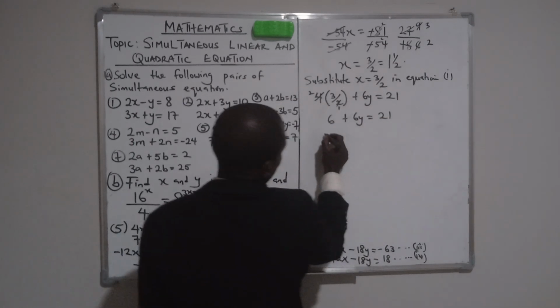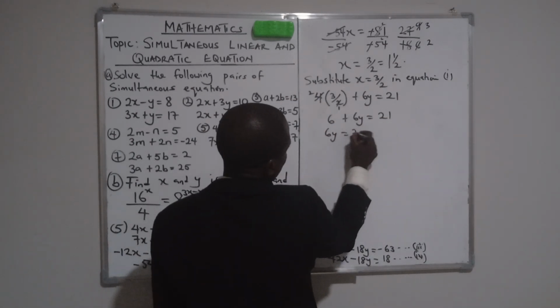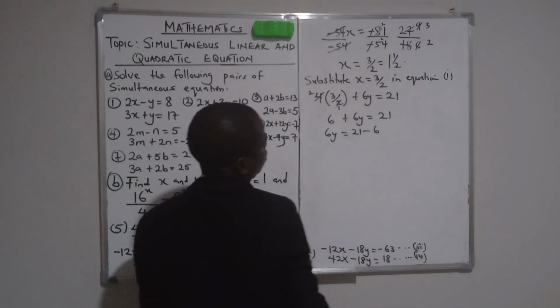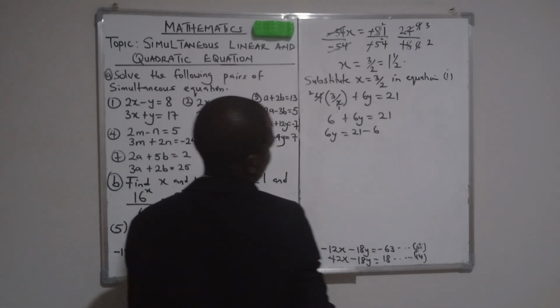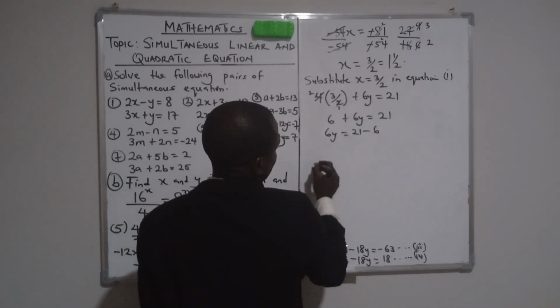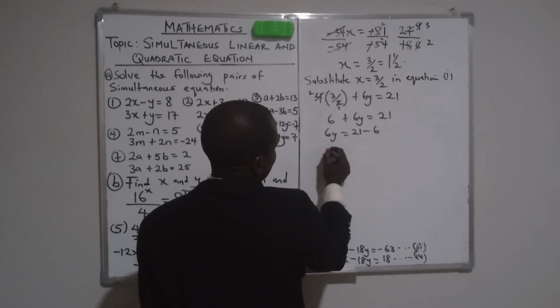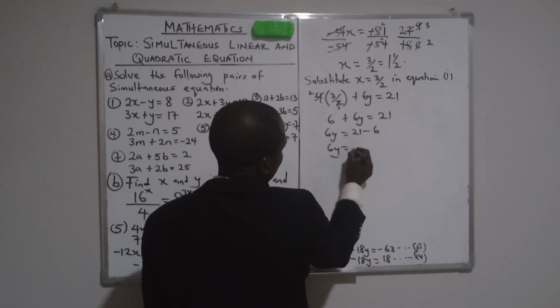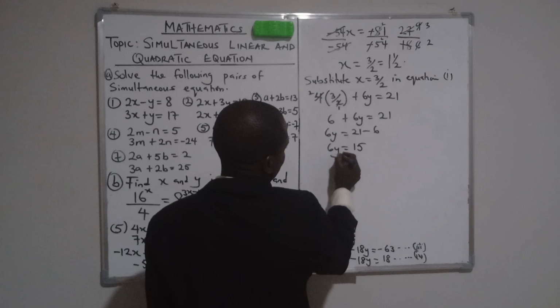Collect the like terms. 6y equals 21 minus 6. 6y equals 15.